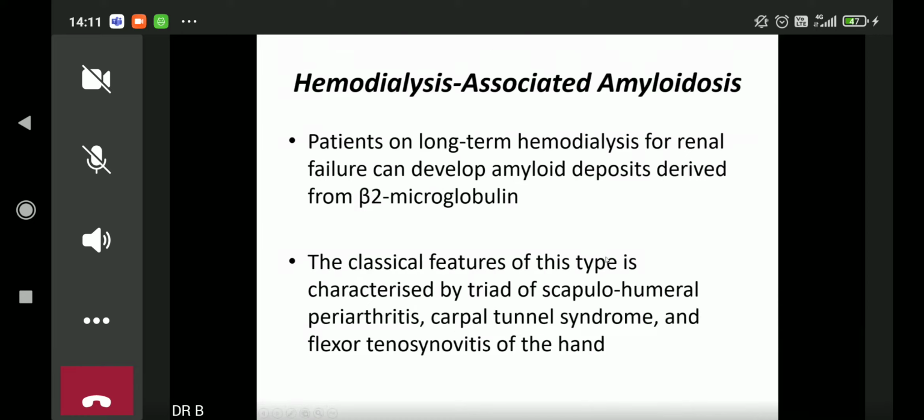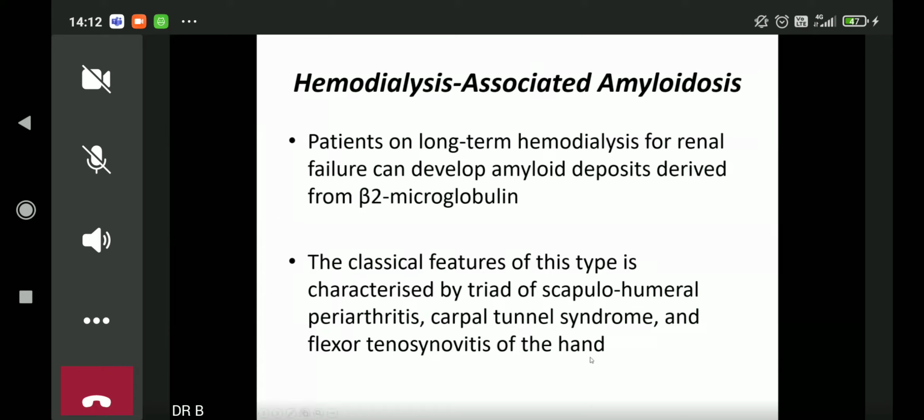Then there's a condition called hemodialysis associated amyloid, wherein patients who have chronic kidney disease and need long-term hemodialysis can develop these kinds of deposits, and the type of amyloid present is the beta-2 microglobulin type. The classical feature of this type is a triad of scapulohumeral periarthritis, carpal tunnel syndrome, and flexor tenosynovitis of the hand.